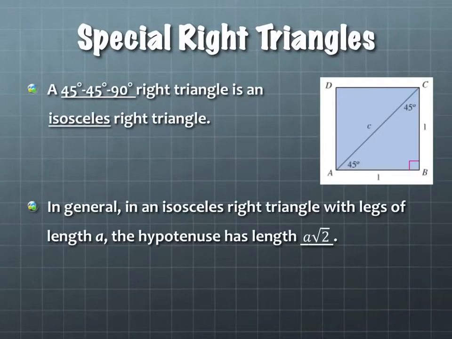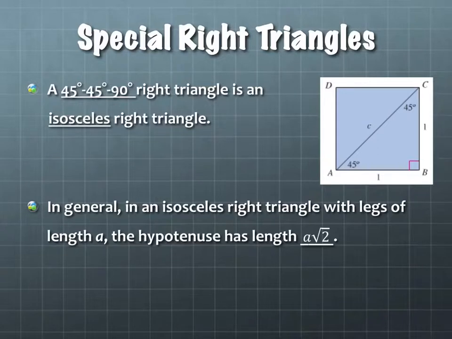All right, we're going to talk about some specific types of triangles next. 2 of them in particular. One is a 45-45-90 right triangle. This triangle would be isosceles. In general, an isosceles right triangle with legs of length A has a hypotenuse of length A square root of 2.